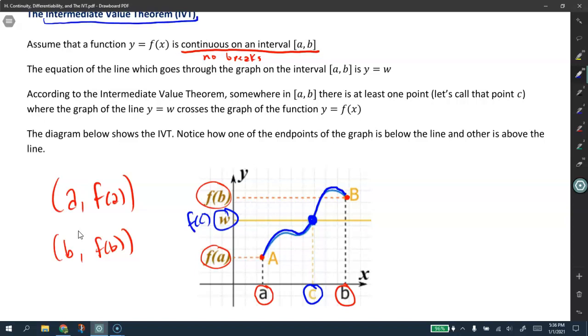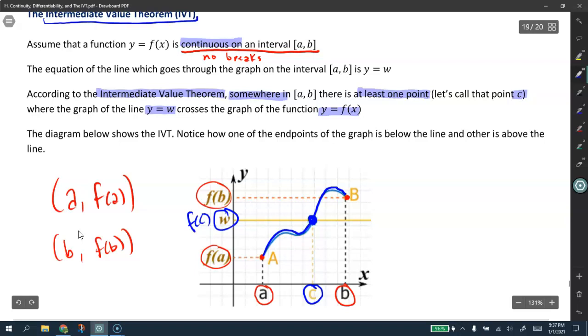Yes, more recently on the AP exams they've distinctly asked about the IVT, but basically what it says is as long as you are continuous on that interval, then the IVT is stating that somewhere in that interval, there is at least one point, and you may call that point C, where the graph of the line y equals w crosses the function y equals f of x.